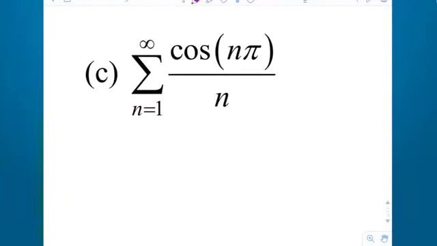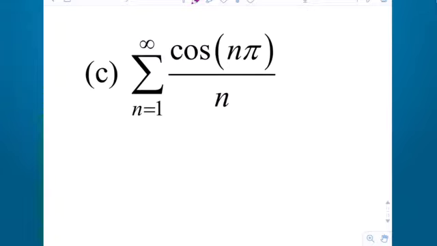All right, how about this guy? Is this an alternating series? Why is it here? Cosine of pi n. When n is 1, we get cosine of pi, which is negative 1. When n is 2, I get cosine of 2 pi. What's cosine of 2 pi? 1.